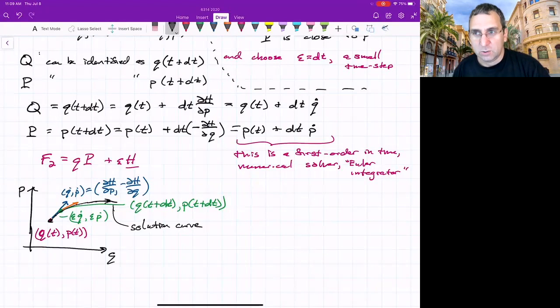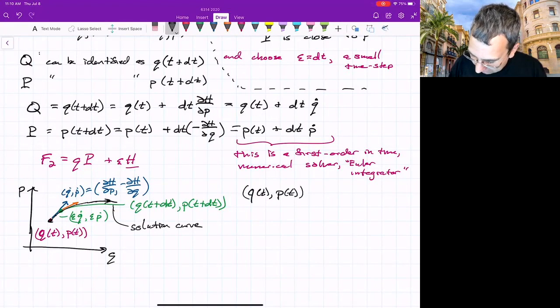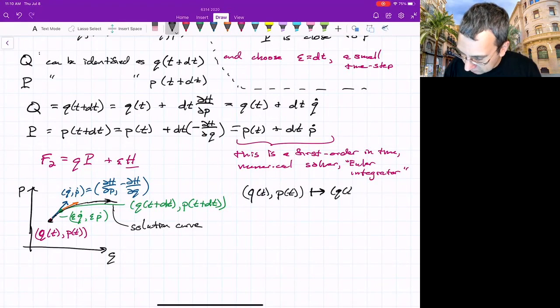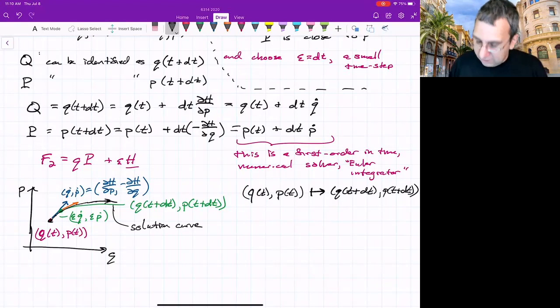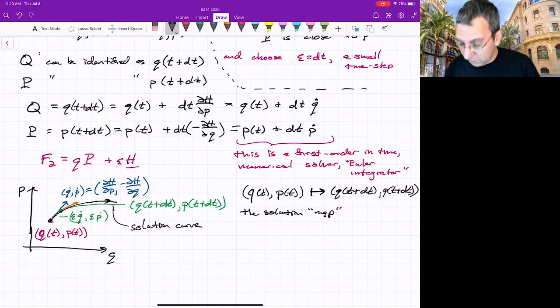We can call it the solution curve, or really this is a solution map, because we're saying q at time t and p at time t, and then we're mapping it forward to where these things are a little bit later, t plus dt. So the solution map, or I think I referred to it before as the flow map, at least over infinitesimal times.